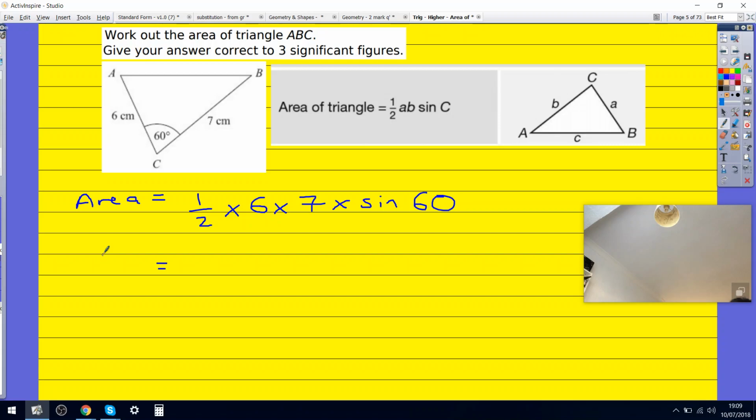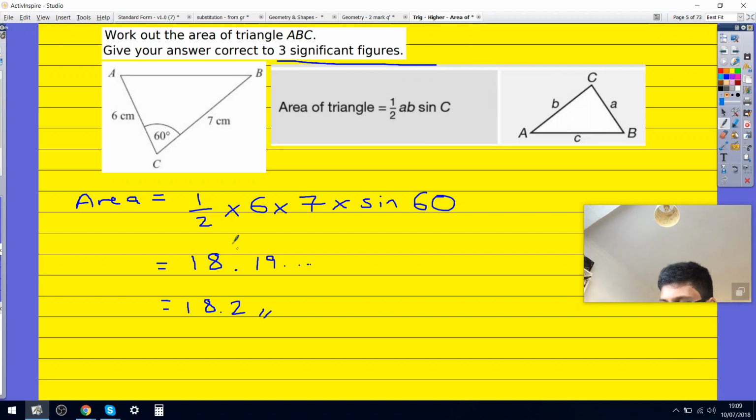In the calculator, that gives us 18.19 to 2 dp. They say give your answer correct to 3 significant figures, so that would be 18.2.